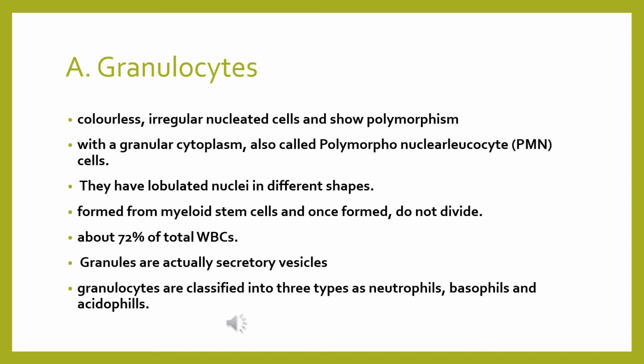They have granules, and these granules are actually secretory vesicles which contain various types of secretions, enzymes, etc. Depending upon the shape of the nucleus and the staining property of the granules, granulocytes are classified into three different types: neutrophils, basophils, and acidophils.